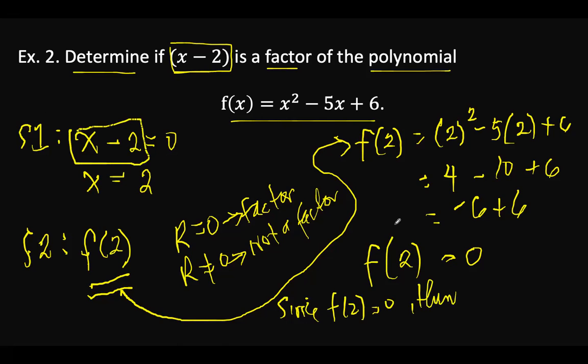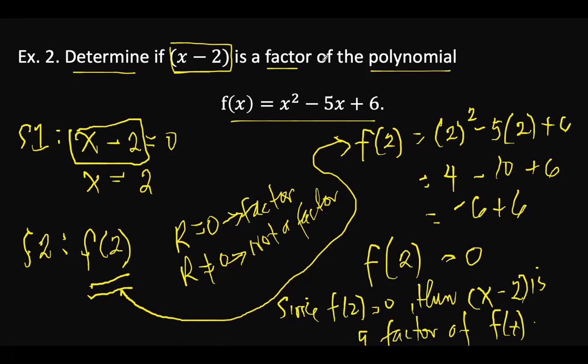Yung given polynomial. Then, x minus 2 is a factor of f of x, which is equal to this. Okay? So, nakahanap na tayo ng factors ng given polynomial. Nakuha? Okay. I hope nakuha yan.